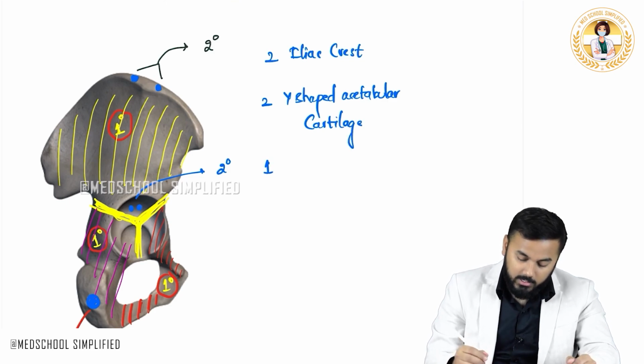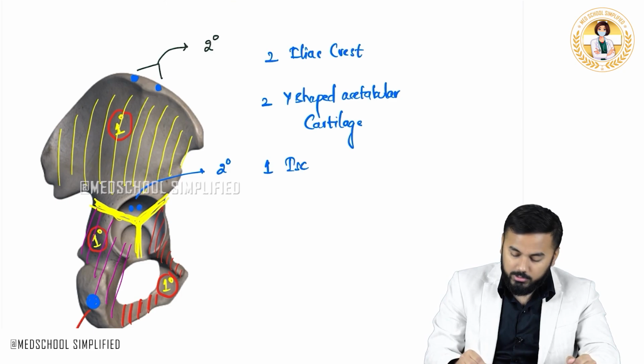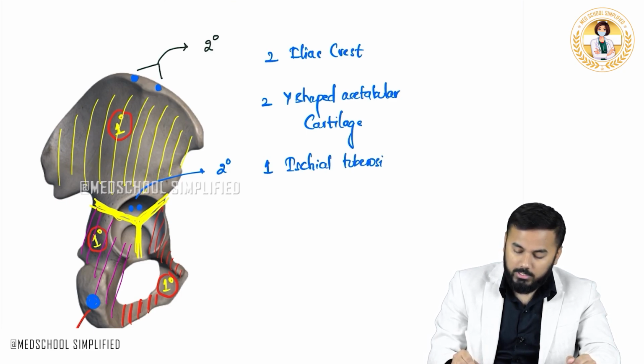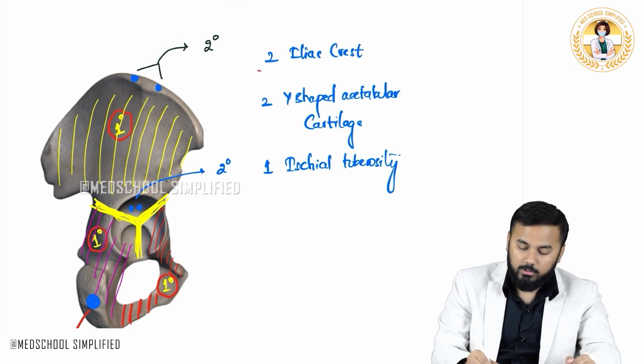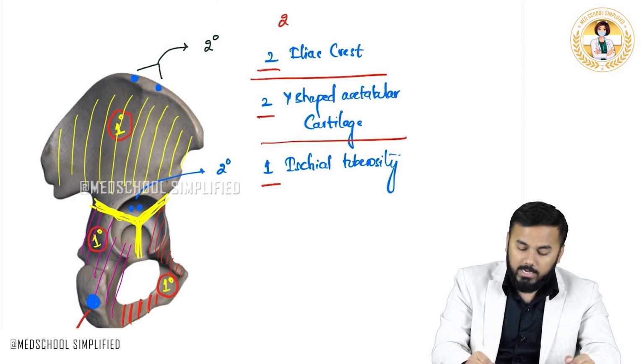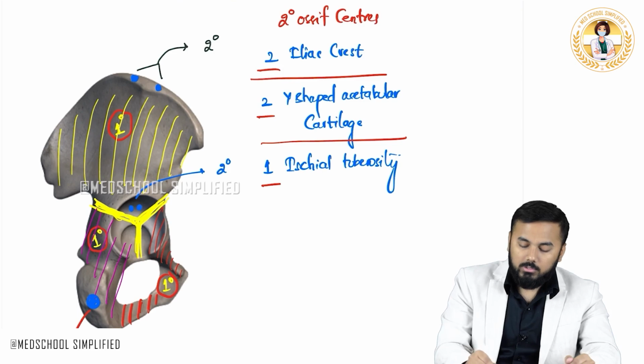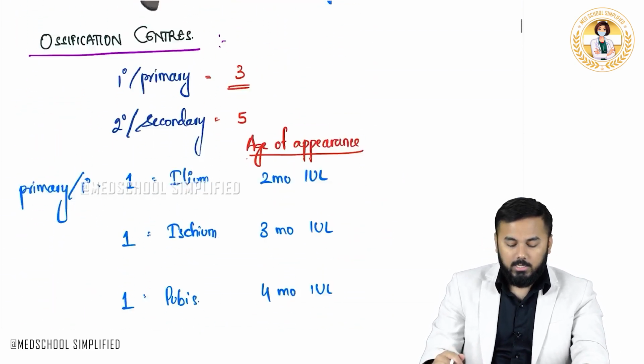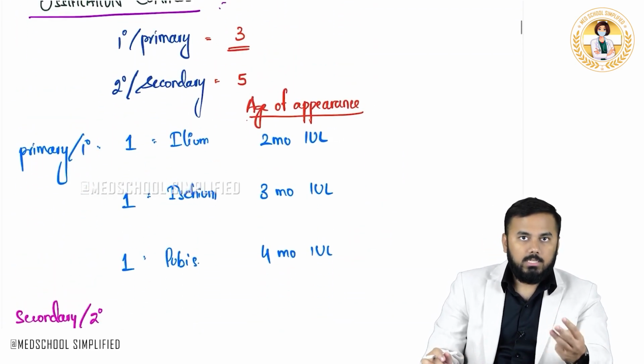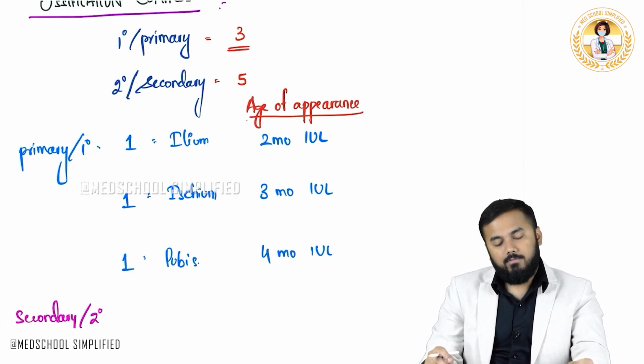And where is the next one? The one is in the ischial tuberosity. So these are 2, 2, 4 and 1 is 5. Completely 5 secondary ossification centers we have got. A very, very important question, guys. Primary ossification centers are 3, secondary ossification centers are 5.